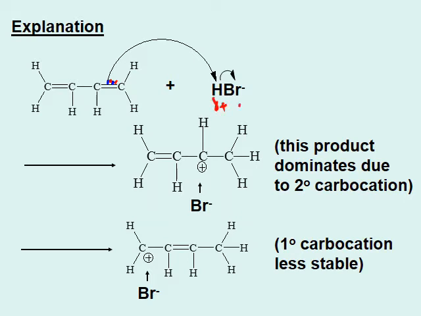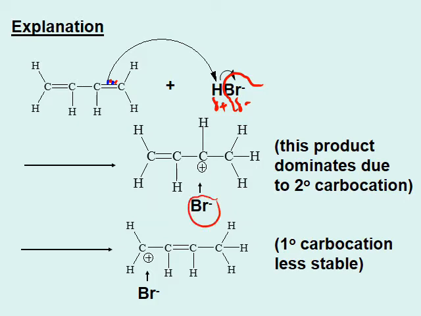So hydrogen is delta plus, Br is delta minus. So when H gets a pair of electrons from the carbon-carbon double bond or pi electrons, it cannot hold on to Br because hydrogen can only have one bond or one pair of electrons. So what it does, it gets rid of Br. So Br leaves with the pair of electrons as Br minus. So this is the Br minus that you're going to see.